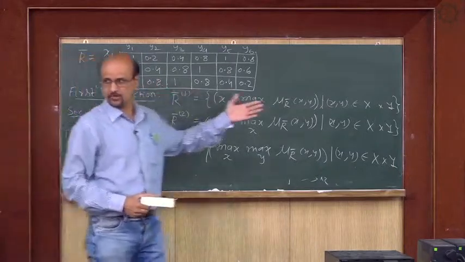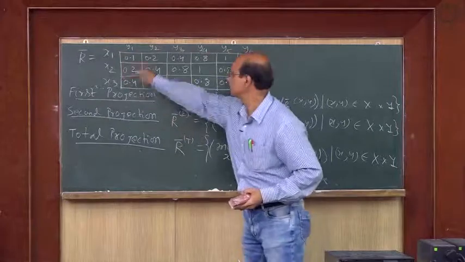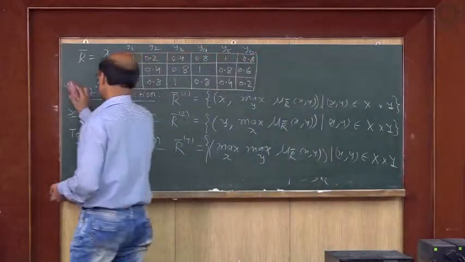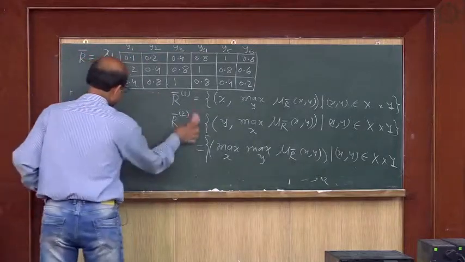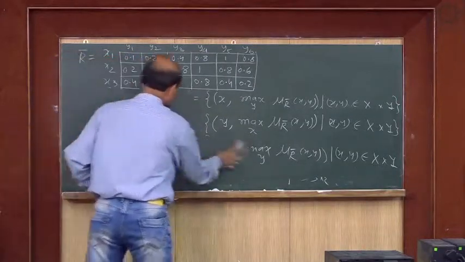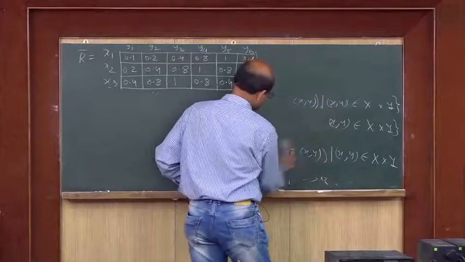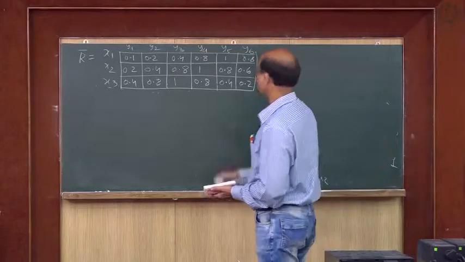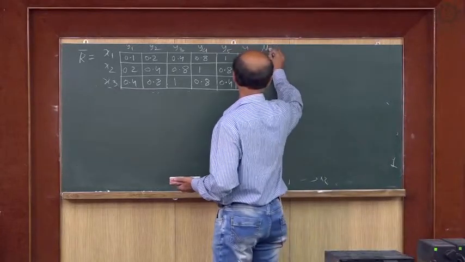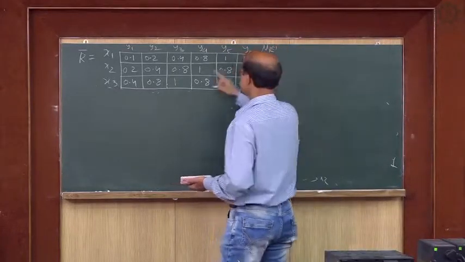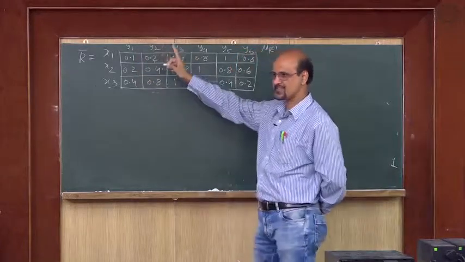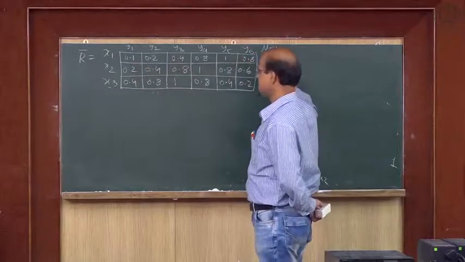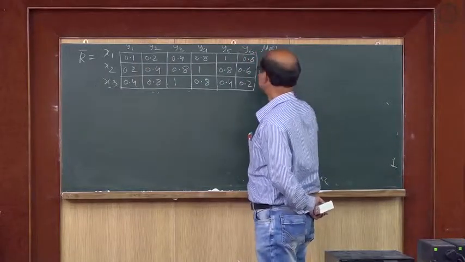Now, let us find the projections for this relation. This relation is from product space X to Y. You remember these definitions. For the first projection, we denoted it by R1. Here I will write the membership function for R bar 1. It was x, maximum over y. That means what will be here? 1.